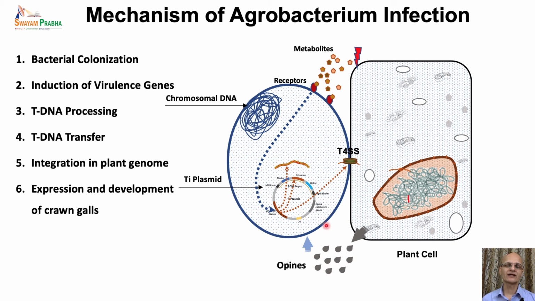And obviously what kind of opine they will synthesize depends upon the agrobacterium strain and what kind of gene for opine synthesis that strain carries. Agrobacterium is benefited from this association in the form of these opines which are used as food, and now it is making the plant make the food for its own growth in the form of the opines.